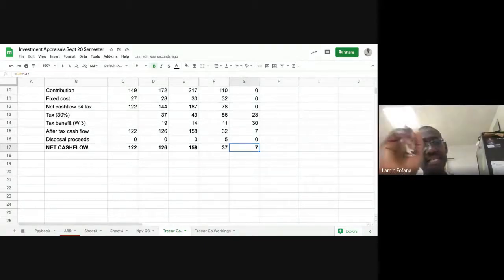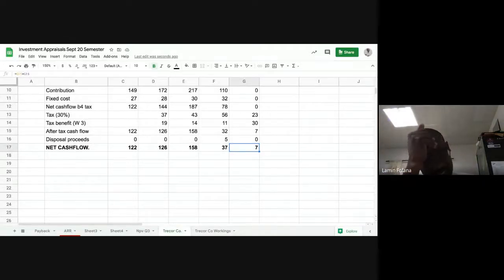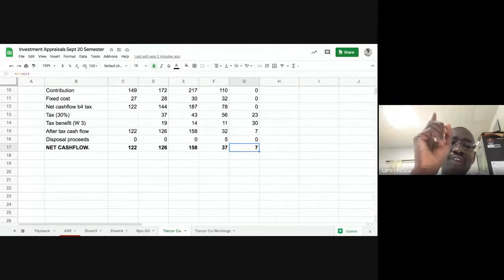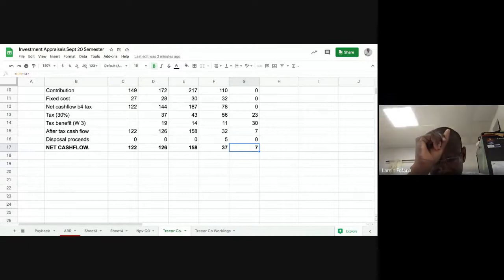Take note of one thing: in an exam question like this, if you are given a real cost of capital and you are given an inflation rate, you always have to find a nominal cost of capital. We always discount our projects using our nominal rate. Is this clear?